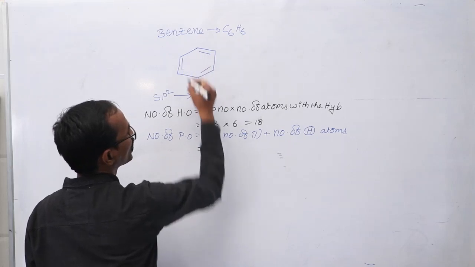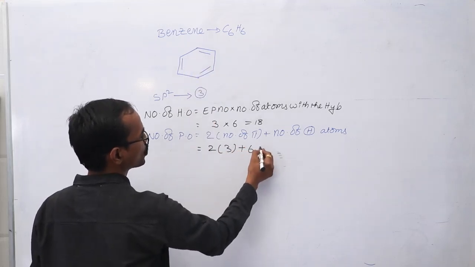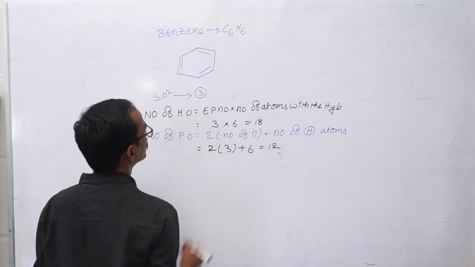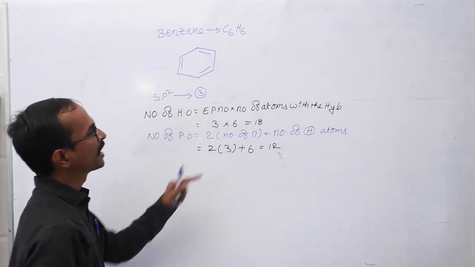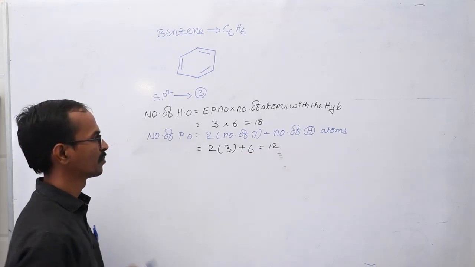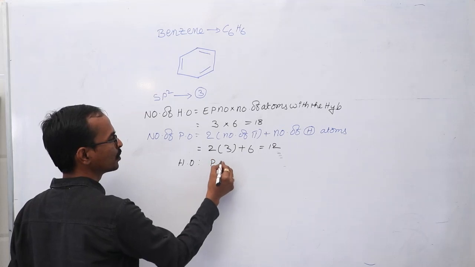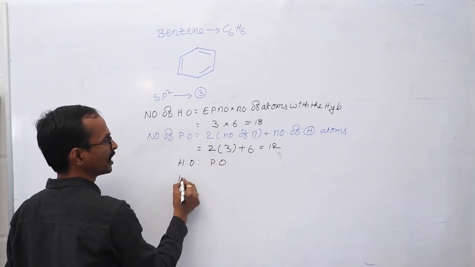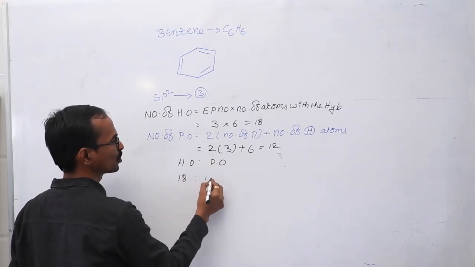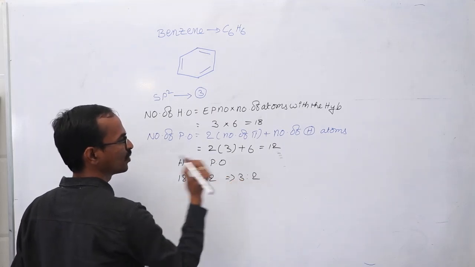You have 3 pi bonds. So 2 into 3 plus 6 hydrogen atoms, total 12. So it has 18 hybrid orbitals and 12 pure orbitals. The ratio of hybrid orbitals to pure orbitals will be 18 is to 12, that means 3 is to 2.